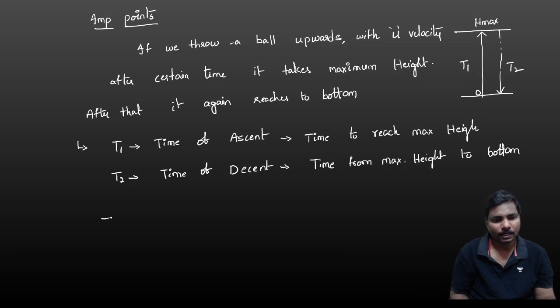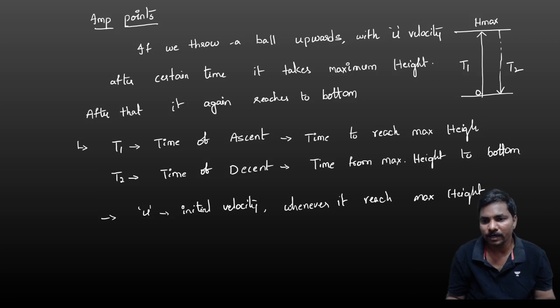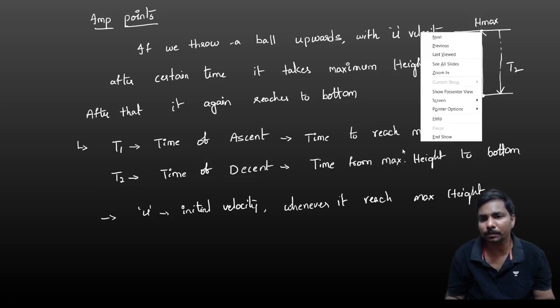If you throw a ball with u as the initial velocity, whenever it reaches the maximum height, what about the velocity, guys? Whenever it reaches the maximum height, its final velocity becomes zero, it stops. If there is no velocity, only then can you say it is the maximum height.